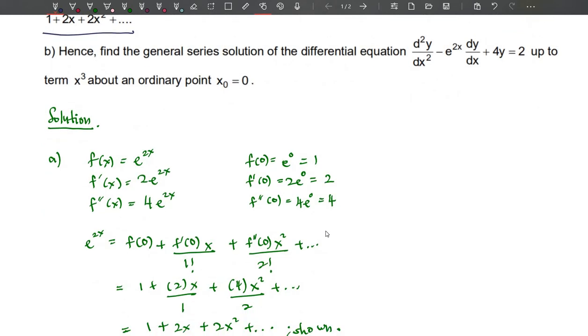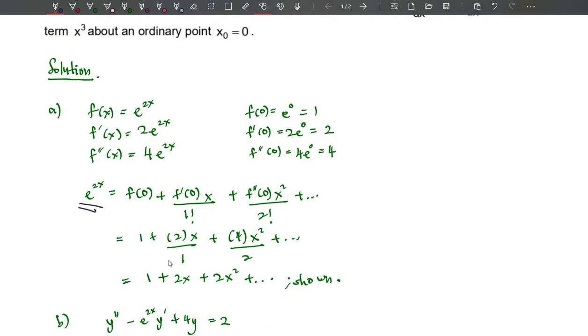The formula for the Taylor series is this one. Please write your function, don't leave it blank. So e^(2x) is equal to f(0) plus f prime 0 times x over 1 factorial plus f double prime 0 times x squared over 2 factorial plus until infinity.